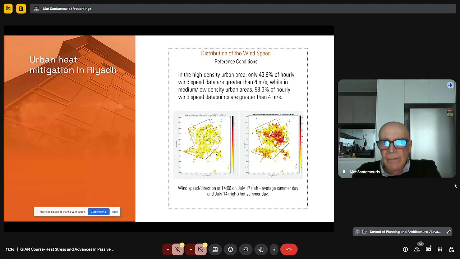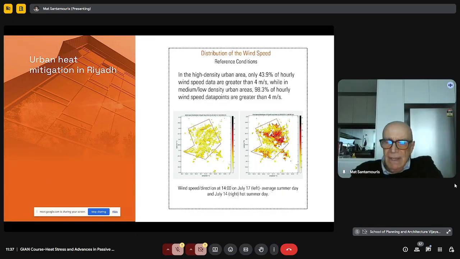We see that, in high density urban areas, for almost 50% of the time, the average hourly wind speed is close to 4 meters per second, while in the medium and low density urban areas, for most of the time, almost 99%, it is also 4 meters per second.